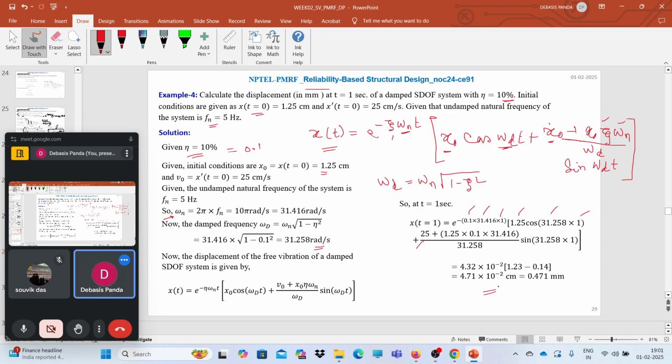Now if you solve it, you will get that the displacement of this system will be equals to 0.471 mm at t equals to 1 second.